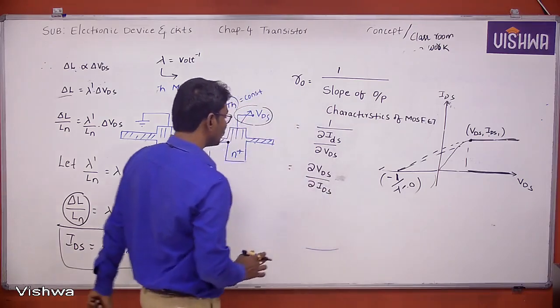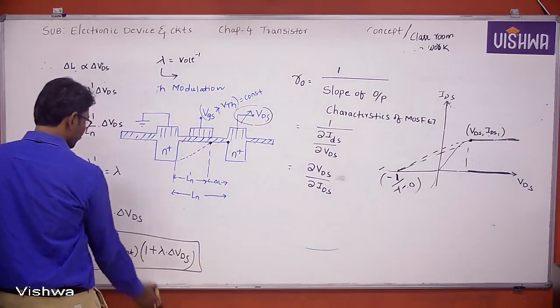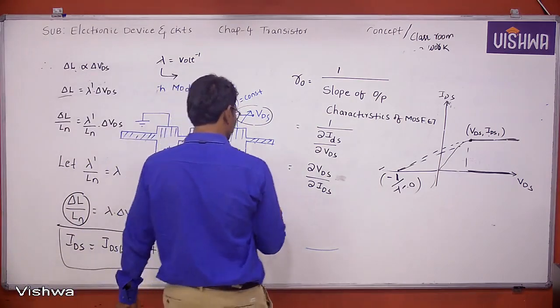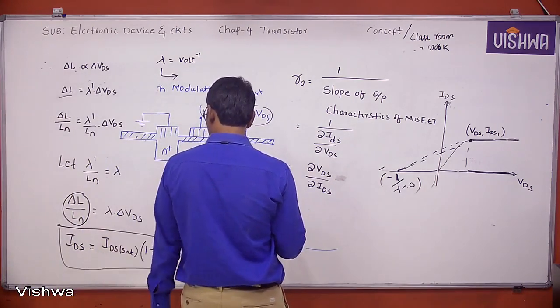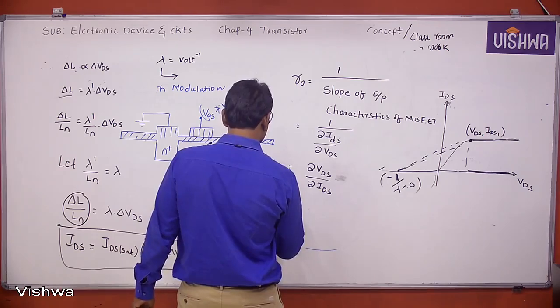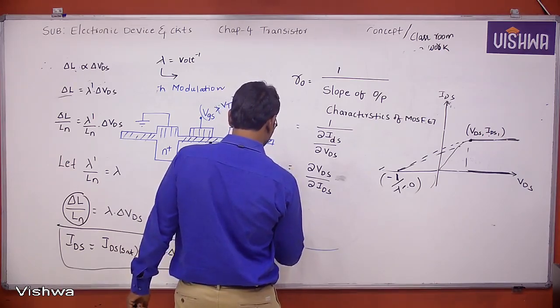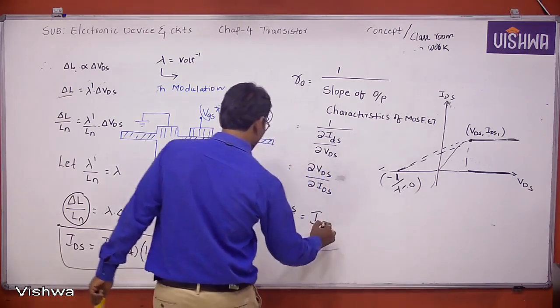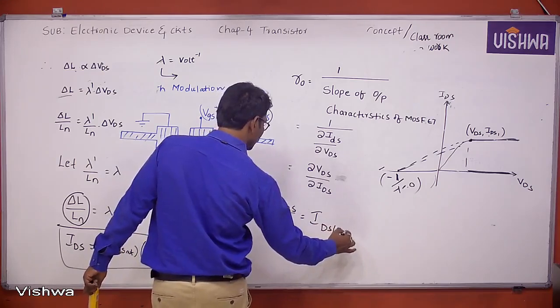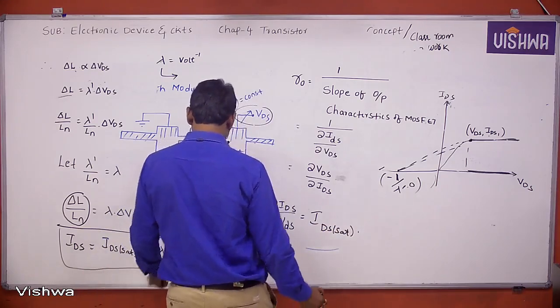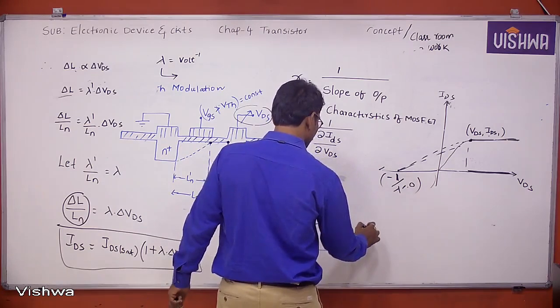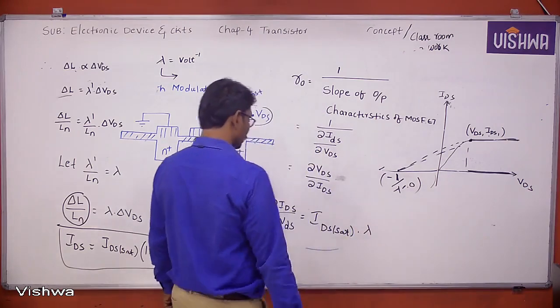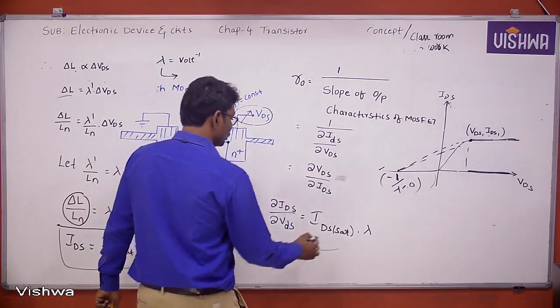How to calculate this? Just differentiate this equation with respect to VDS. Then dou IDS by dou VDS is equal to IDS of SAT into the differentiation of this term, which is lambda.